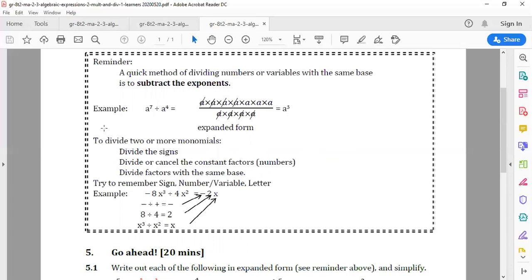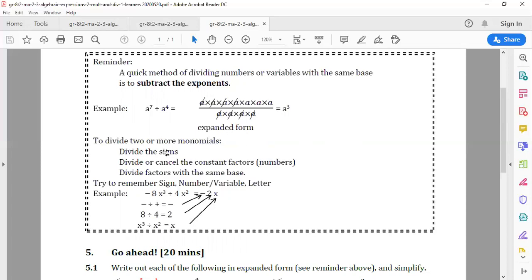So there's a rule. To divide 2 or more monomials, you divide the signs first. Then you divide or cancel the constant factors or numbers. You divide the factors with the same base.